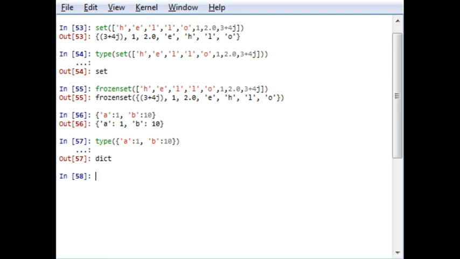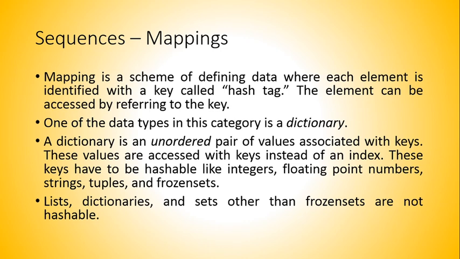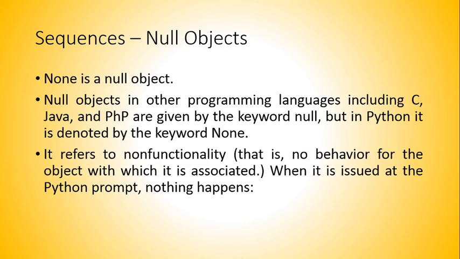The next important part is null objects. A null object is nothing but None. In other programming languages like C, Java, and PHP, null objects are defined by the keyword null, but in Python it is denoted by the keyword None. It refers to the non-functionality of an object which is not associated.